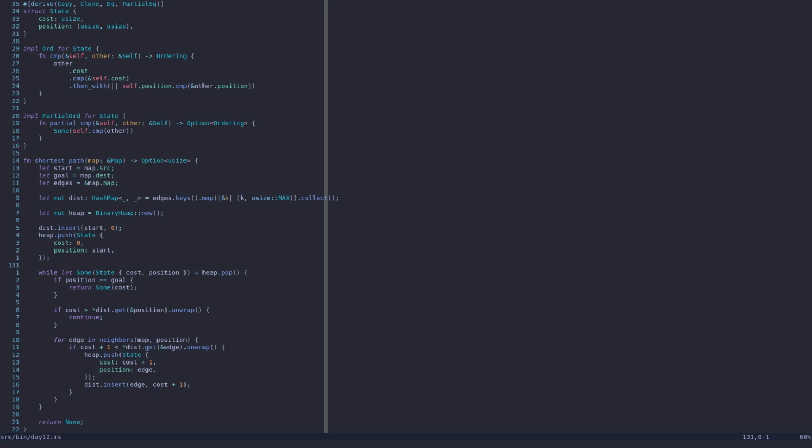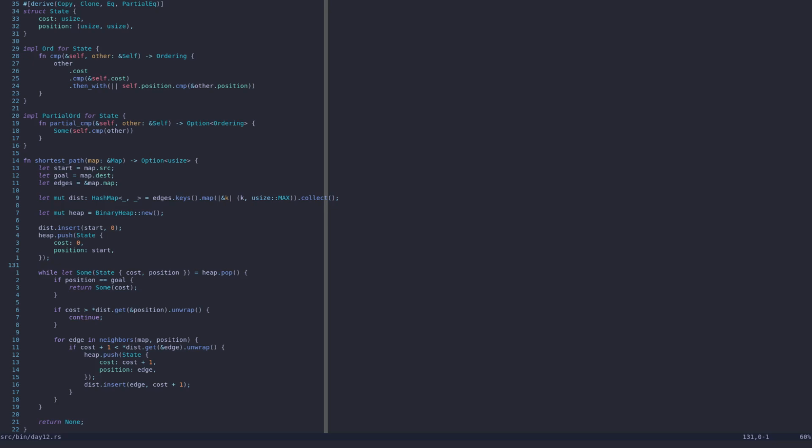So after that, if we find a cost that is better than what we found so far, we go through all the neighbors of this position, and I considered the cost to be 1 because we want to have as few steps as possible. We don't really care how many up or down steps we take. We just want the shortest path in amount of moves.